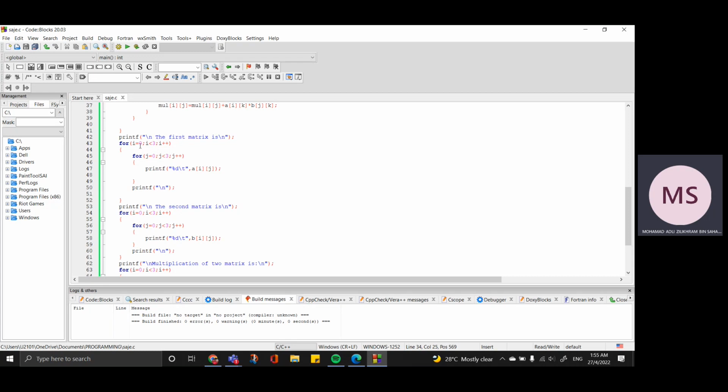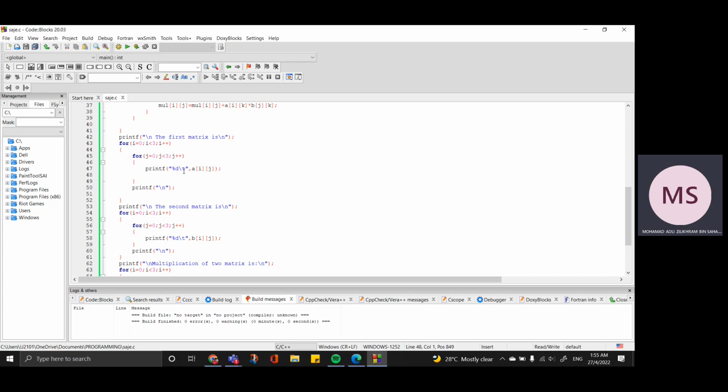And then just like before, i equal to 0, i less than 3, i plus plus, for j equal to 0, j less than 3, j plus plus. Printf %d for a[i][j] means it will print the value that we already put in before for the first matrix.